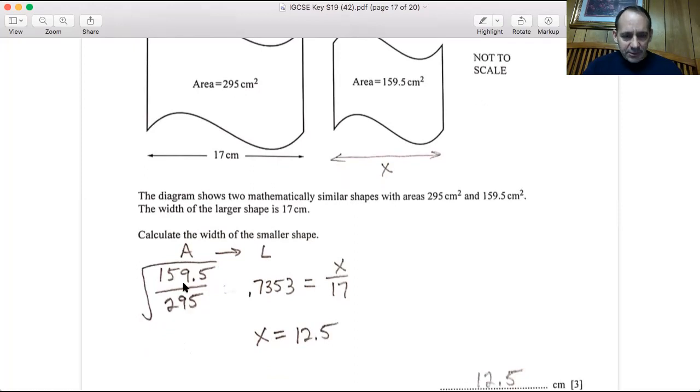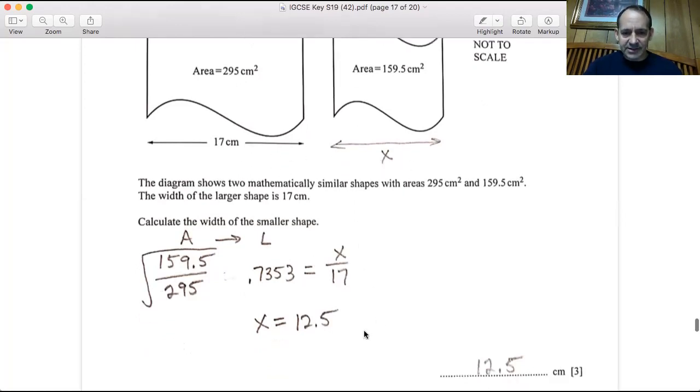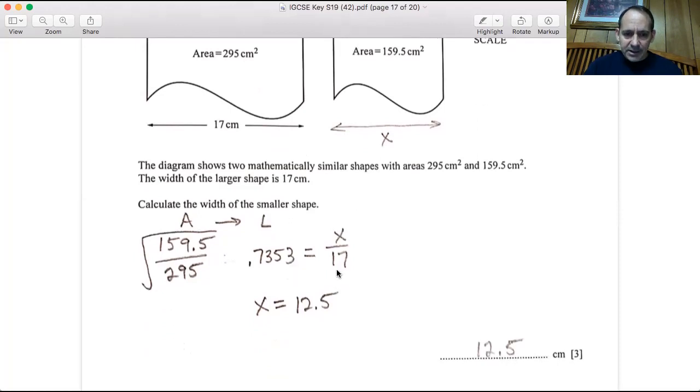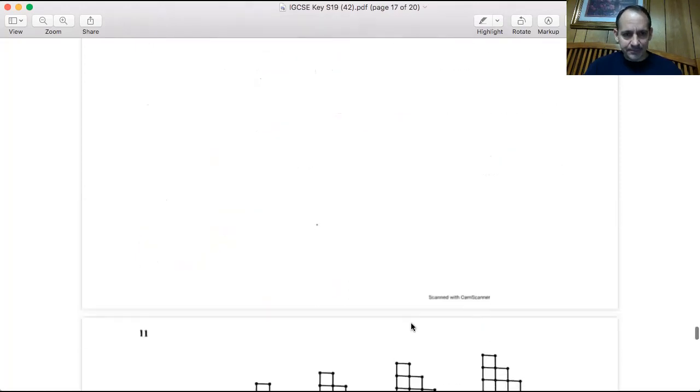So this ratio square rooted gives us 0.7353, and then we set that equal to our ratio of length, which is x over 17, and then we just multiply by 17, and this x width is 12.5.